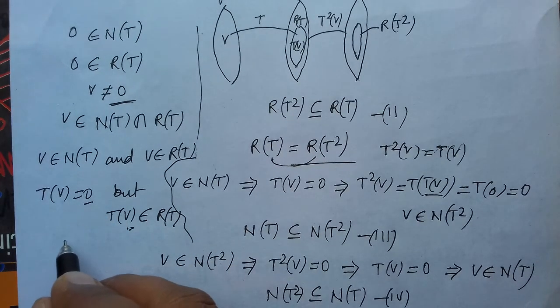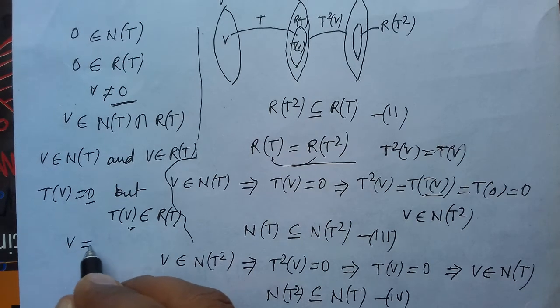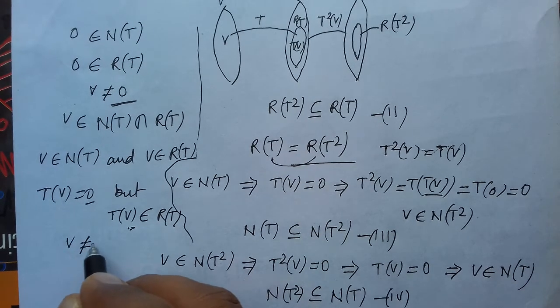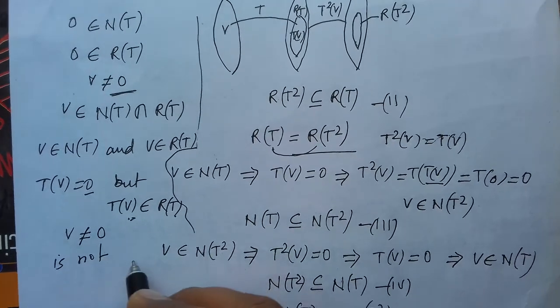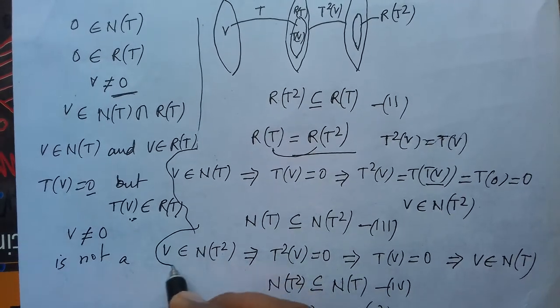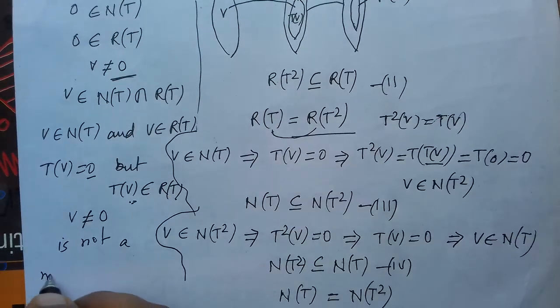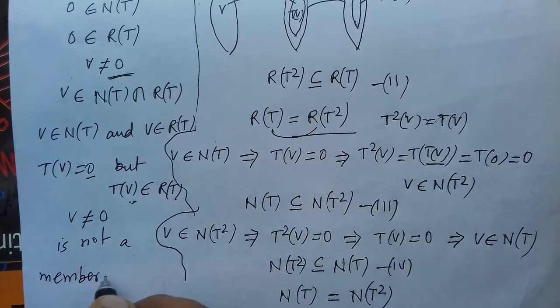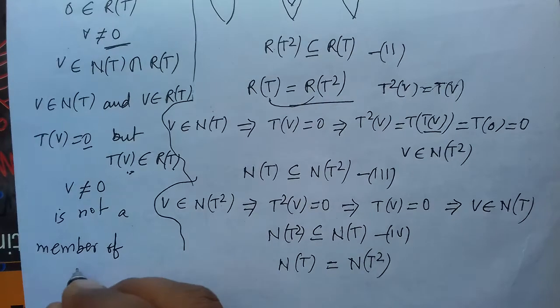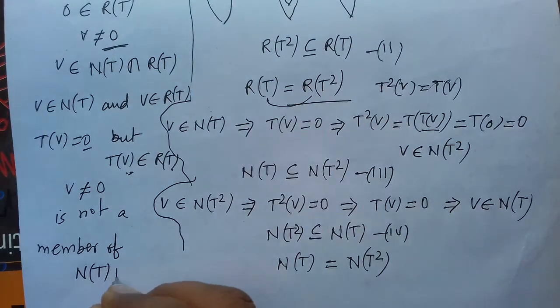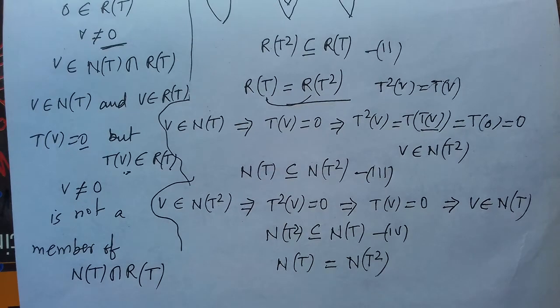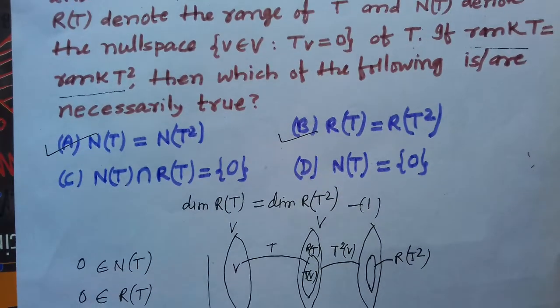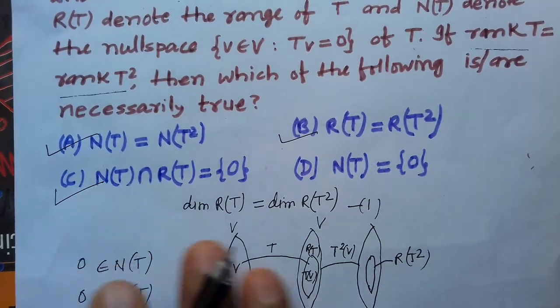This means that V not equal to 0 is not a member of NT intersection RT. This means that NT intersection RT is 0. So C is also correct.